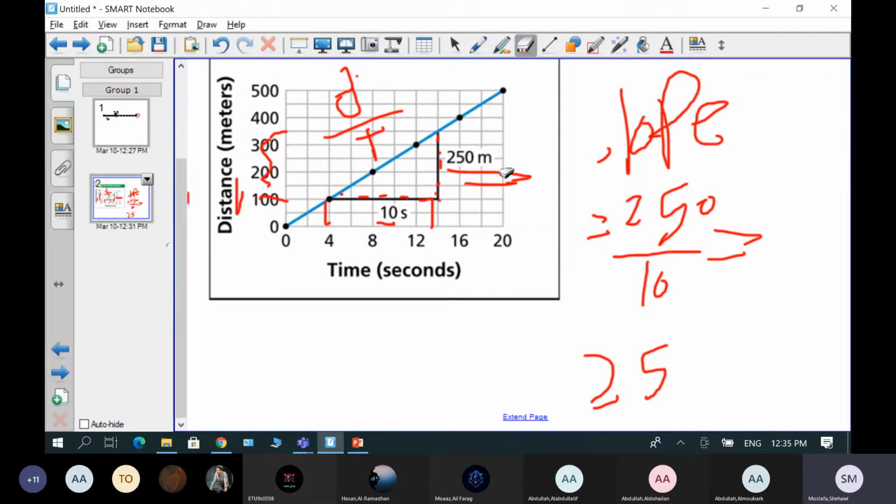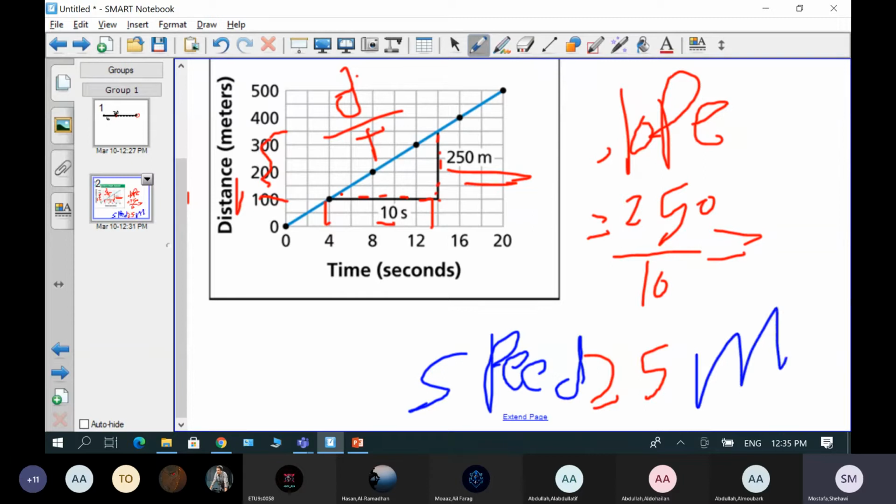So 250 over 10 seconds, I'm dividing distance over time. That's why slope equals speed. So the speed equals 25 meters per second. Okay. Right. Thank you, Hassan.